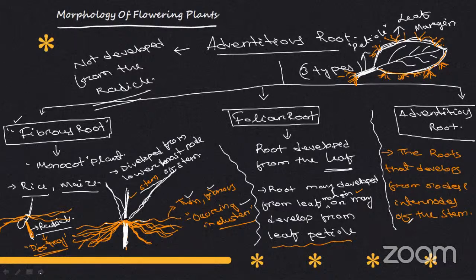Suppose, for example, in case of your sugar cane, let me show you the sugar cane. In case of your sugar cane, the root is developing from the nodes.